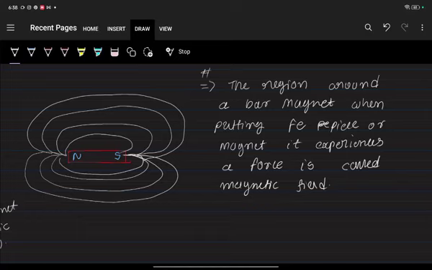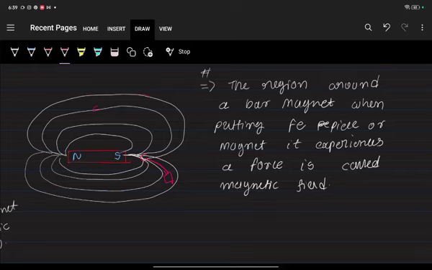Understood? The region around which a bar magnet, when putting the iron piece or a magnet, experiences a force is called magnetic field. So it is having a magnetic field around itself. That's why by putting any iron piece or any magnet, it attracts it towards its pole, whether it is south pole or north pole. These are the magnetic field lines and the region is called magnetic field.